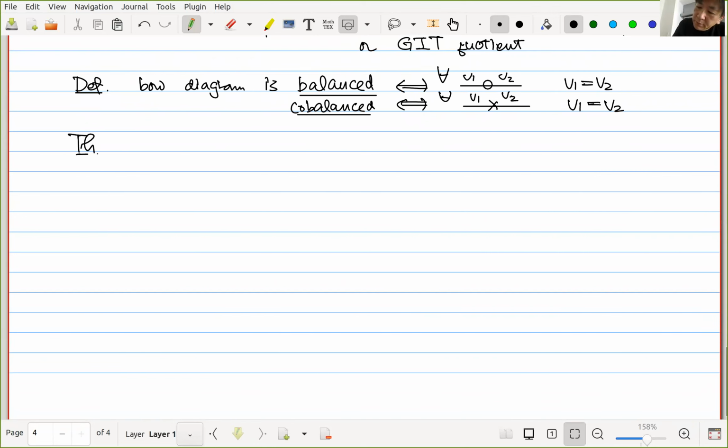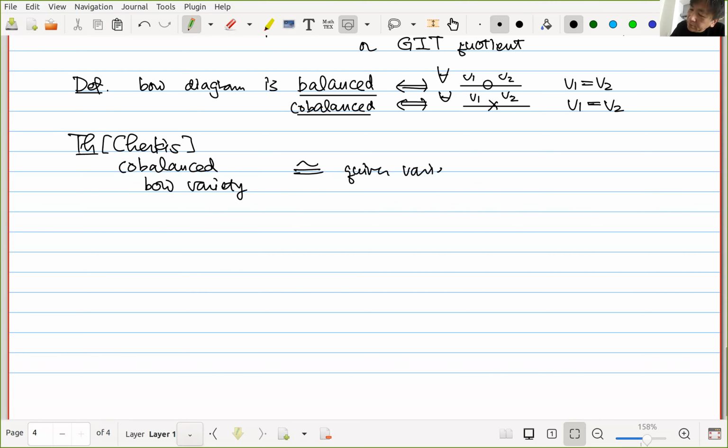Then the theorem, which is due to Cherkis, is the following. If you consider the cobalanced bow variety, then this is isomorphic to a quiver variety of affine type A. So this is not so difficult to prove.